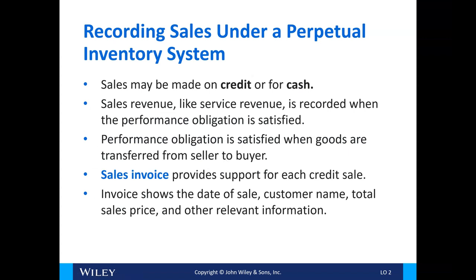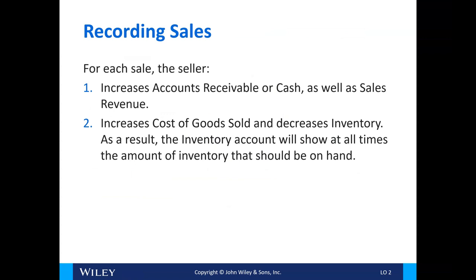This is just, again, a sales invoice. Pretty much the same thing that we're talking about. Okay, so again, we as a seller, if we sell inventory, in this case, we are going to either debit accounts receivable, which is an asset, and that means they owe us money, or debit cash because they paid us, and we're going to credit sales revenue.